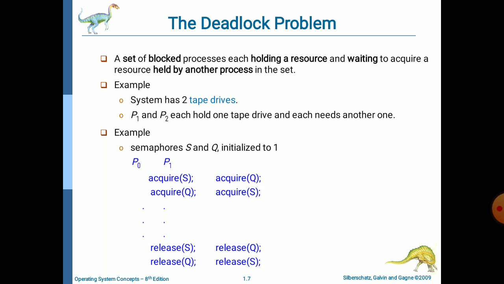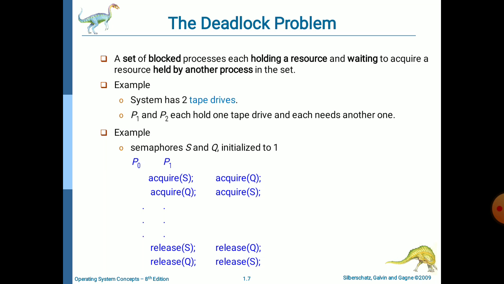Both have already acquired one each, and again they require another one. So there is no extra tape drive. Each is holding one, and another one will not be taken by P1 and P2. So they entered into a state called deadlock.